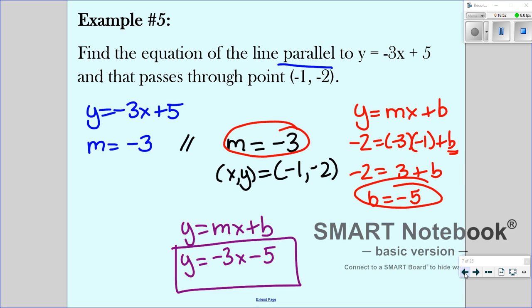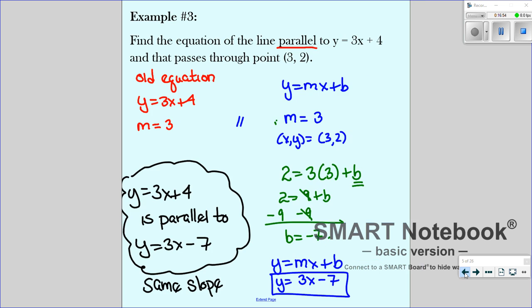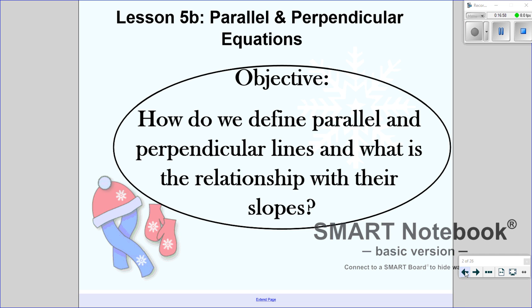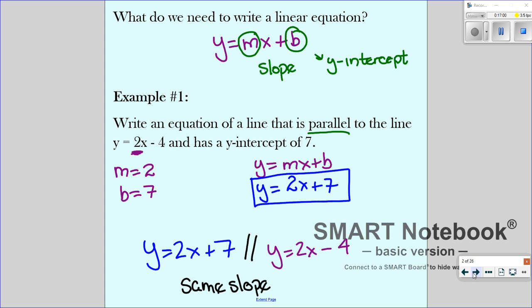So yeah, let's go back to recap. Basically, we learned that in order to write a linear equation, you need the slope and the y-intercept. That's all you need, because the x's and y's represent the coordinate points that are on that line you create. So you have a generic linear equation that will satisfy all the points on that line.